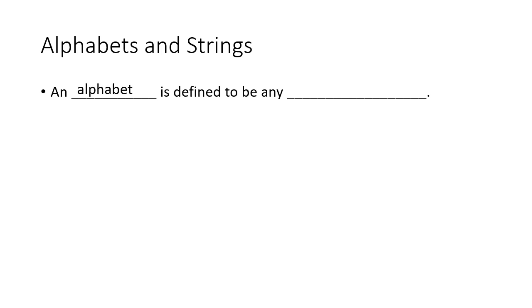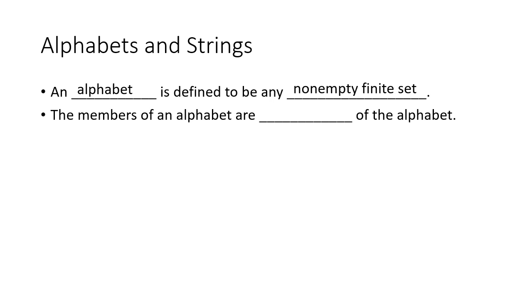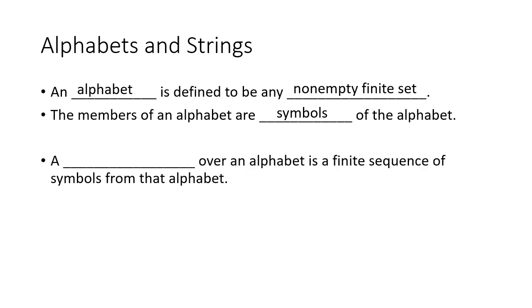Great. To have a language, we're going to need alphabets and we're going to need strings. An alphabet is defined to be any non-empty finite set. The members of the alphabet are known as symbols of the alphabet. A string over an alphabet is a finite sequence of symbols from that alphabet. Right?